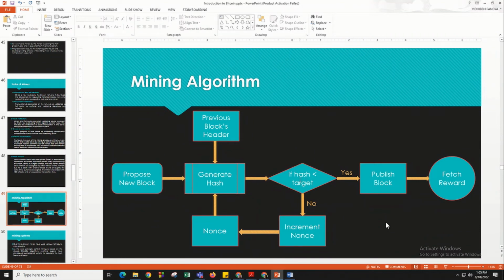If it is smaller, then it will be added to the block, or otherwise increment the nonce, and this is how the mining process will be done. So mining એ શું છે, તો mining નો meaning એવો થાય છે કે એ લોકો એક puzzle solve કરવાના છે. એ puzzle ની અંદર જો hash value નાની છે, then and only then you can consider the transaction as a valid one, otherwise not.